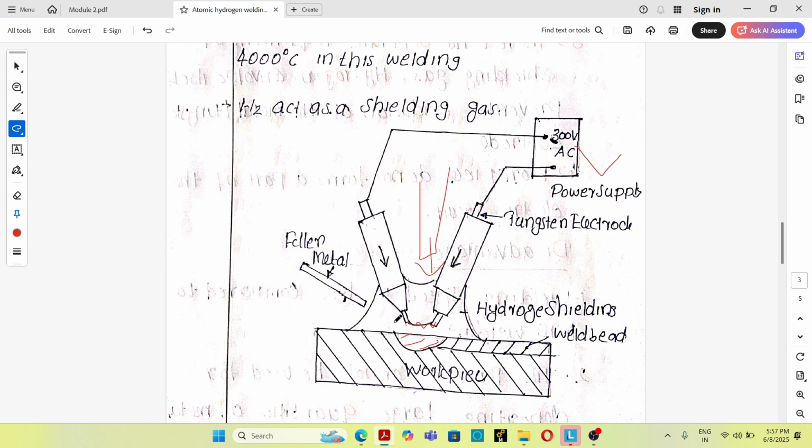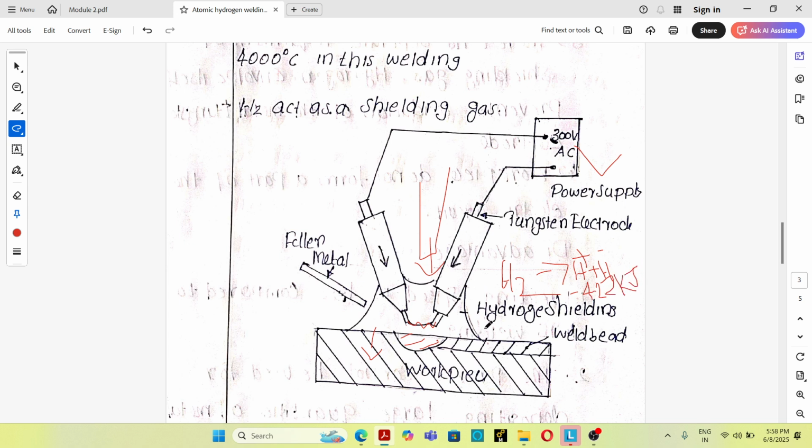So initially H2 is converted into H plus and H minus. That is an endothermic reaction, which means heat will be absorbed. Almost 422 kilojoules of heat will be absorbed during this process.